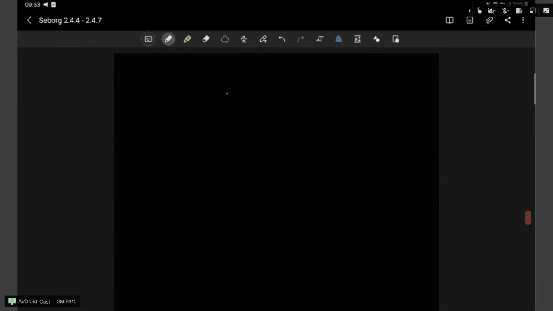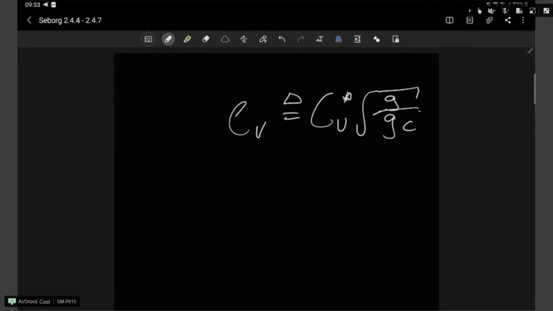Okay. So we kind of dealt with this in terms of the G over GC term. As I mentioned, I hate the fact that they say that the CV is dimensionless. It is not. It does have units, even though they all cancel out somehow.